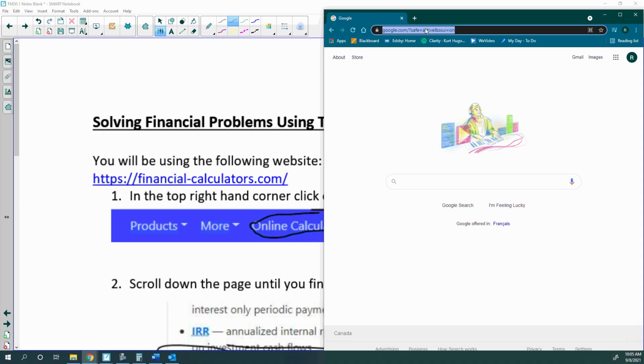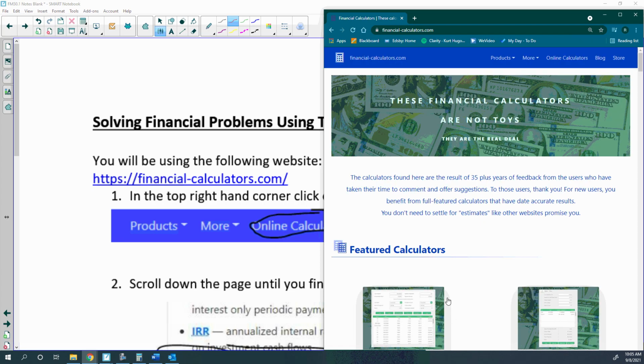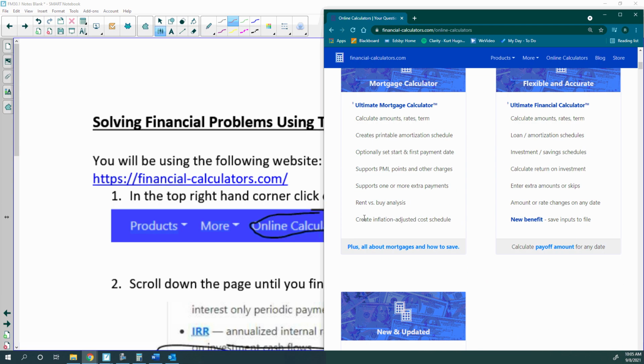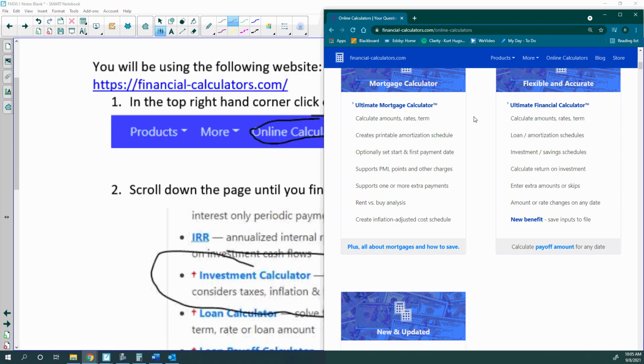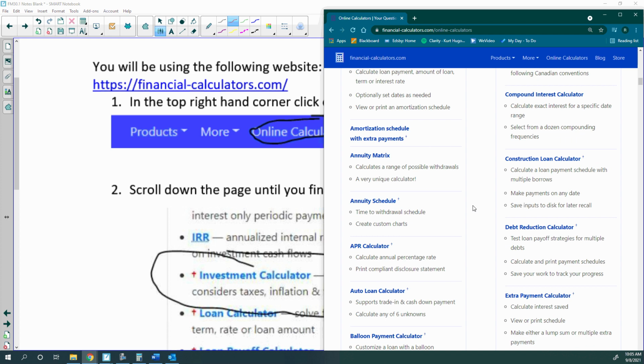So if I go to financialcalculators.com, this is what will pop up. And I'm going to click on the top bar, this online calculators. Scroll down until I find this investment calculator. So, nope, didn't go far enough.